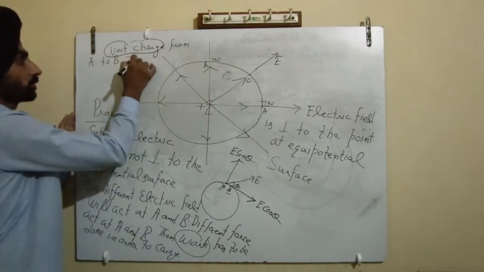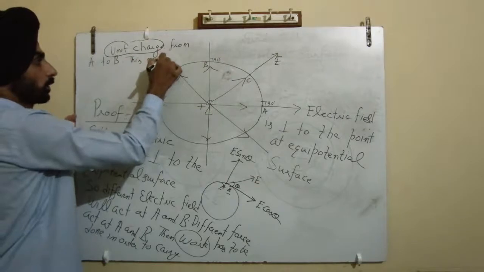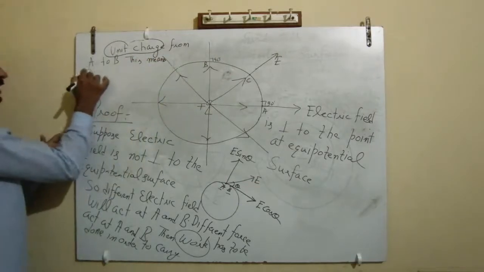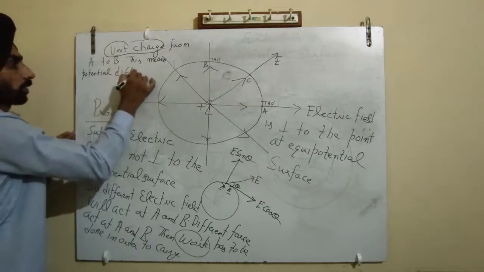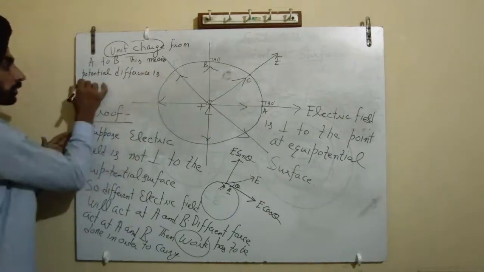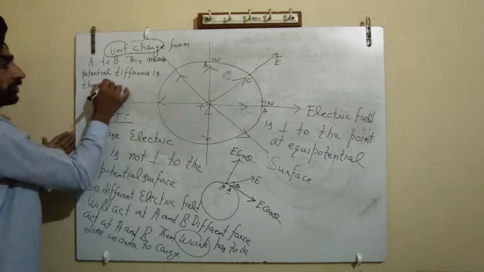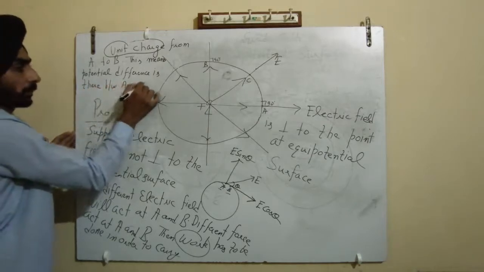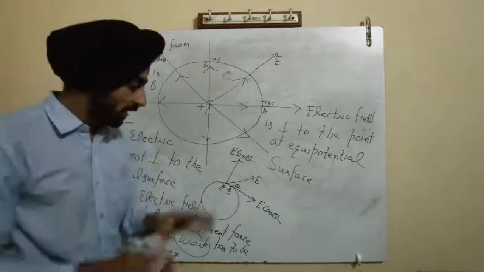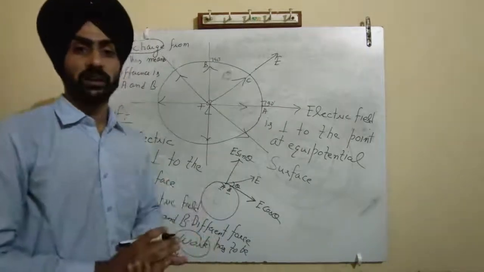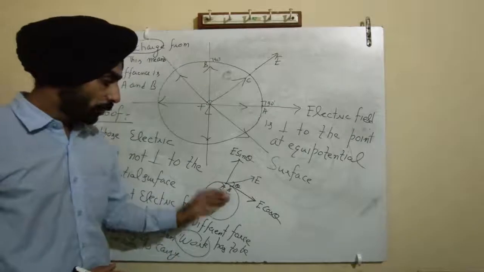This means a potential difference is there between A and B. A and B are points lying on the same equipotential surface, yet they have a potential difference.